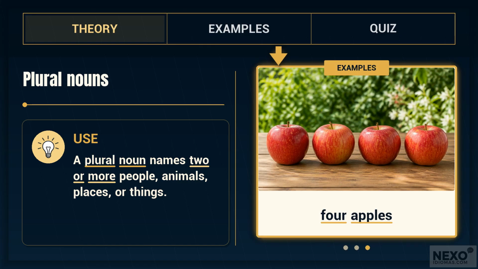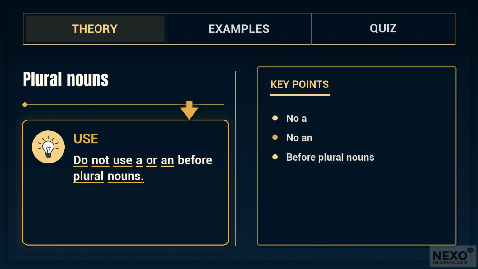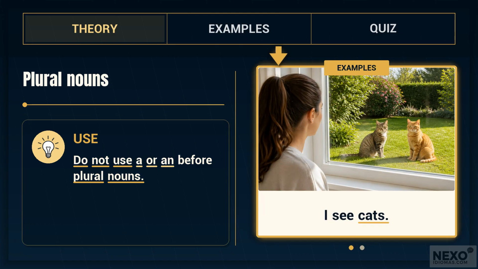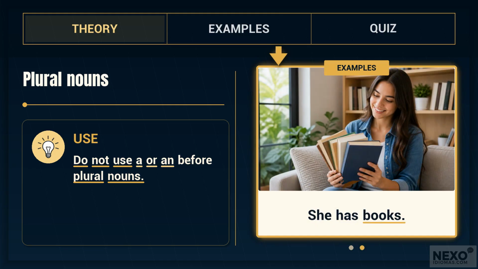Example. 4 apples. Do not use a or an before plural nouns. Example. I see cats. Example. She has books.